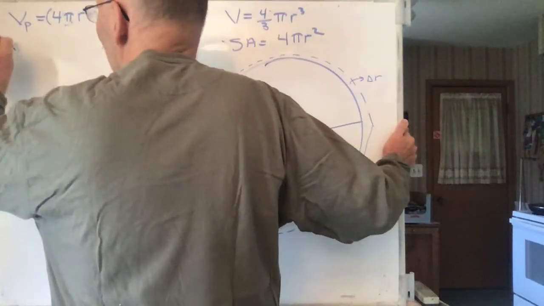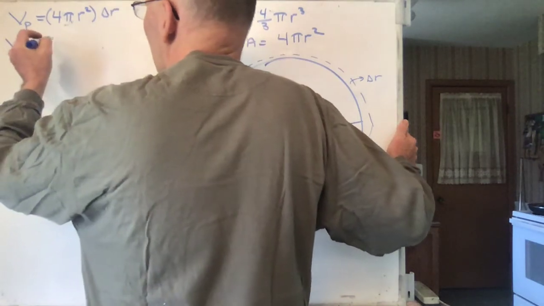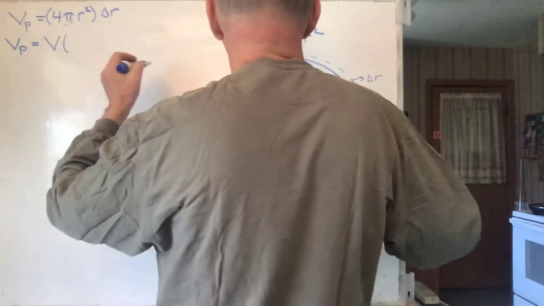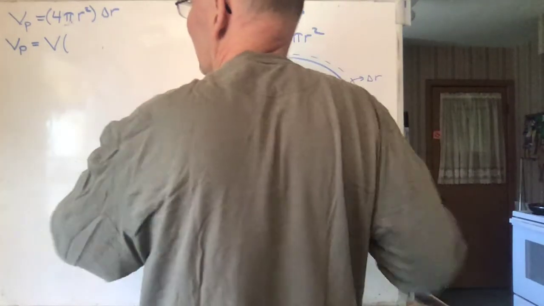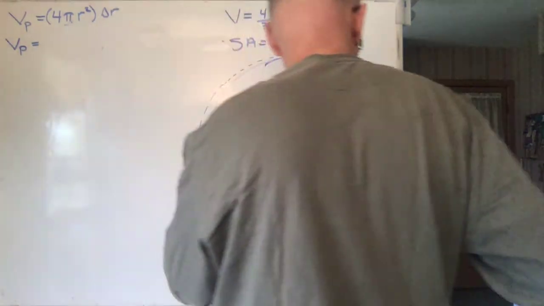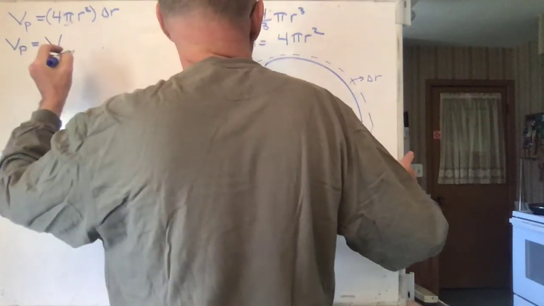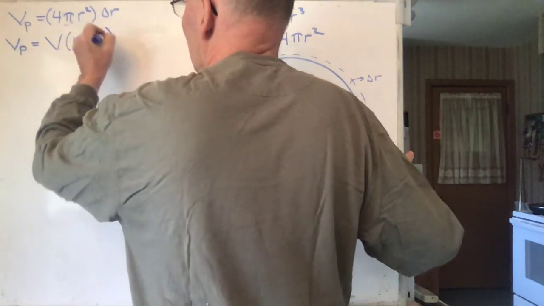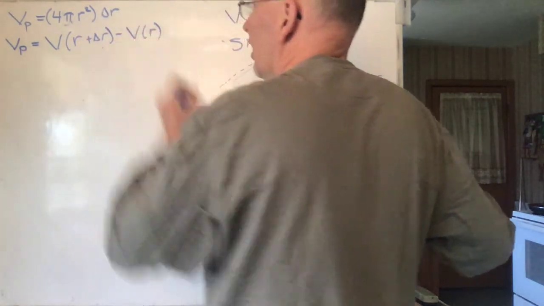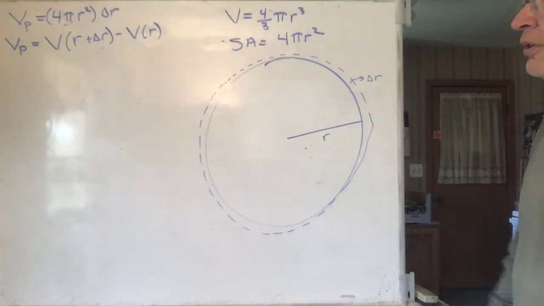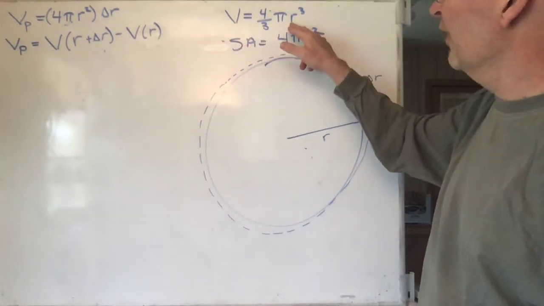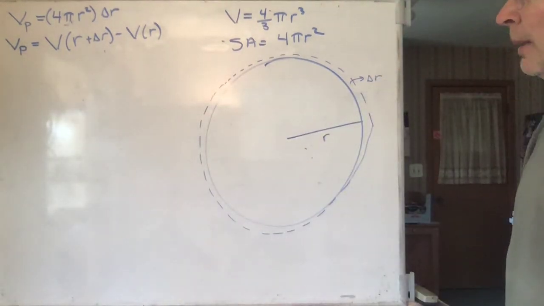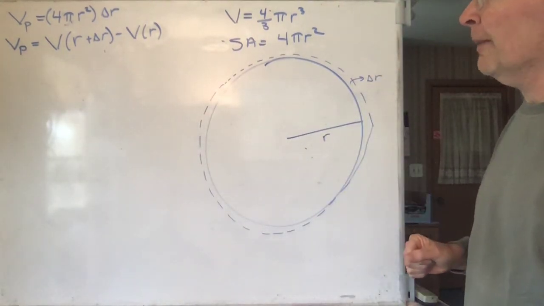So then what we're saying is, it's equal to the volume of the big one, the volume of R plus delta R, minus the volume of R. And so if you put both of those values in for R here and subtract the two, you'll get the volume of paint there.